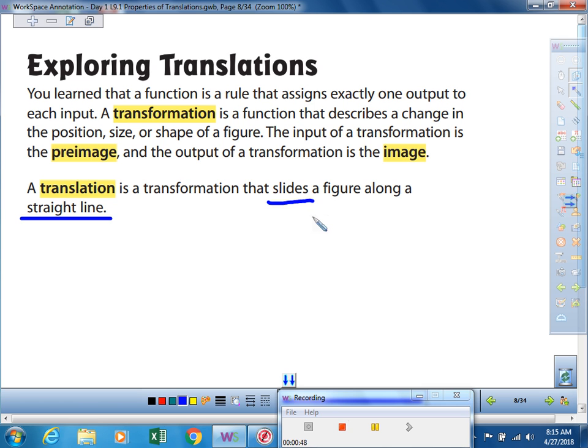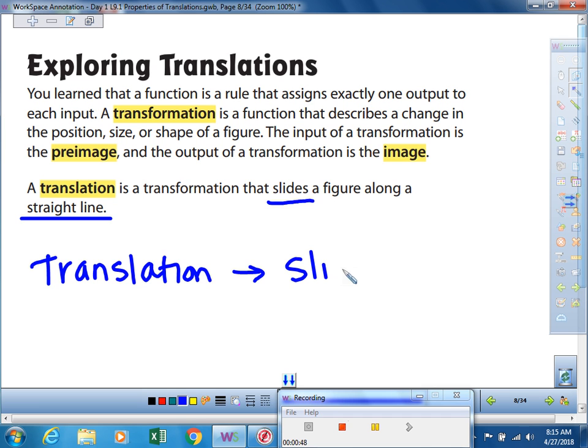Do you have this one? No? You want to put somewhere on there on your sheet, translation is a slide. Okay, that's how you can kind of tell that it's a translation. Did it just slide down a line? I'll show you what that looks like when we get there.